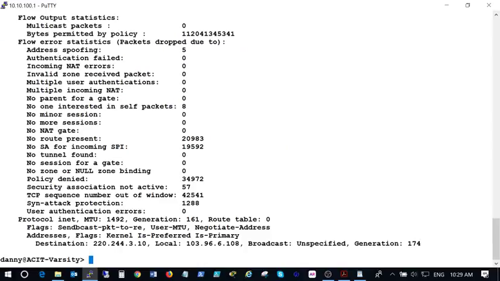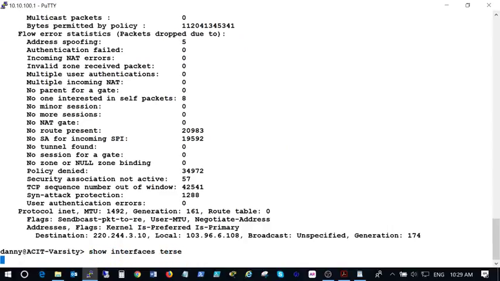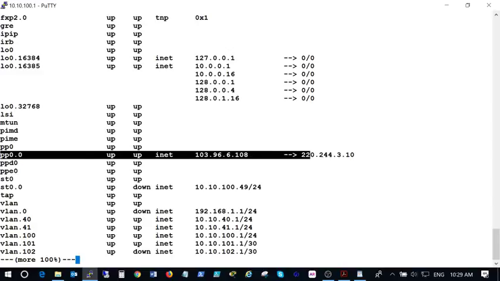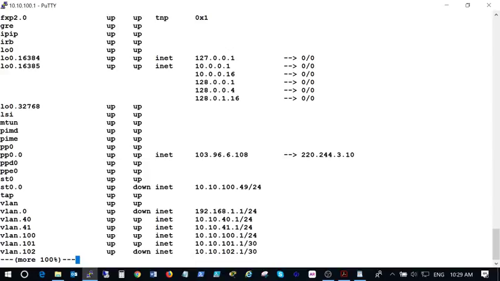Let's look at show interfaces, and we'll get to it. There it is. That interface there, what's it doing? It's doing something. It's got my IP address on it.